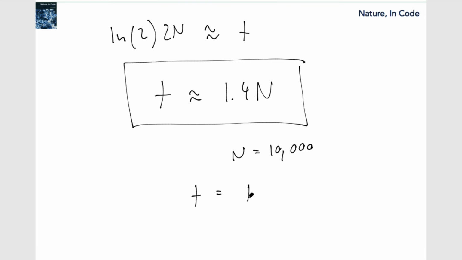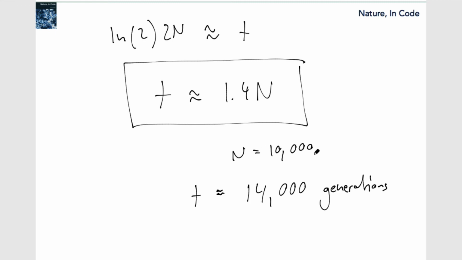1.4 times this, so it will take, well, I should say approximately 14,000 generations to just halve the genetic variance, and then another 14,000 to halve it again, and another 14,000 to halve it again. Or, in another example, assume that you have a population of 1 million individuals.